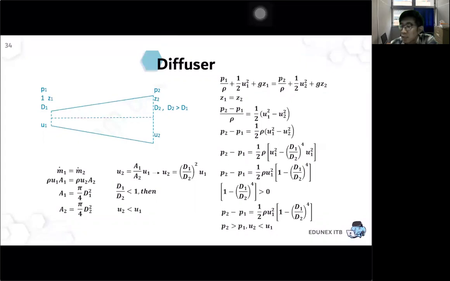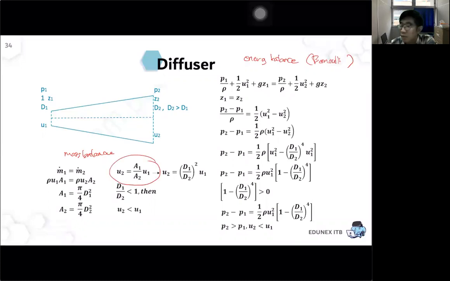And basically, using the principle of mass balance, and then energy balance, you can derive the equation. First from mass balance, you can correlate the velocity as a function of the area.